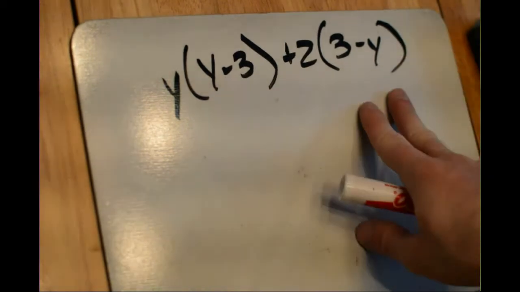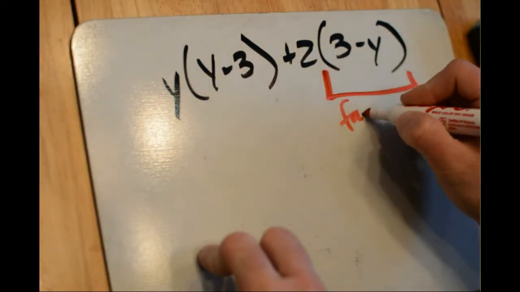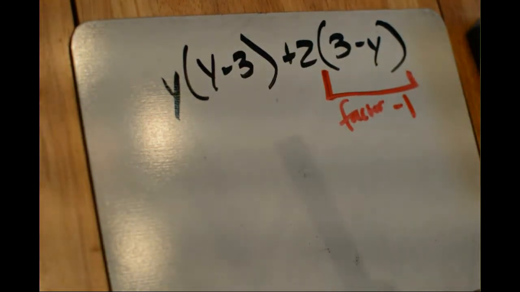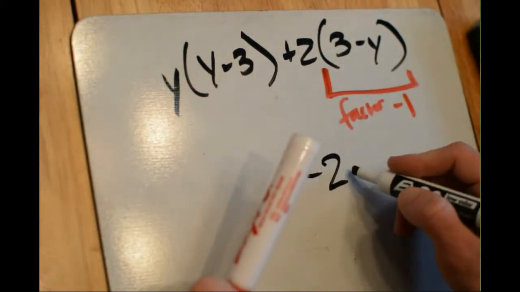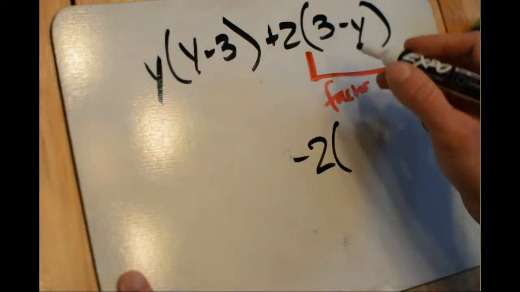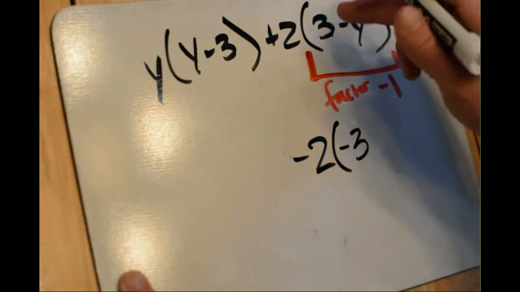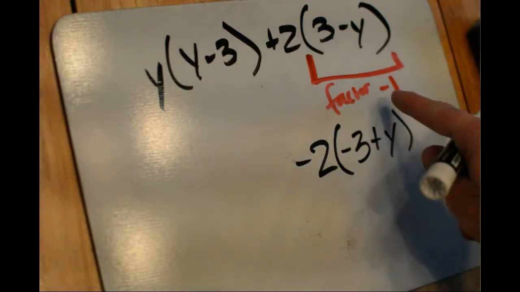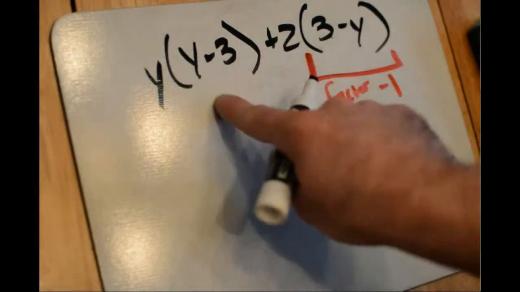Well, if the numbers are the same and really just the signs are off, what I want to do is factor from this quantity a negative 1. If I factor out a negative 1, that changes that 2 out there to negative 2, 3 divided by negative 1 is negative 3, and negative y divided by negative 1 is positive y. So by factoring out this negative 1, now I've made that y positive and that 3 negative, just like we see here.